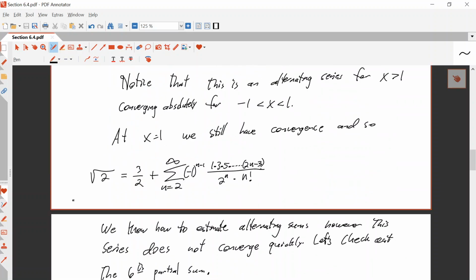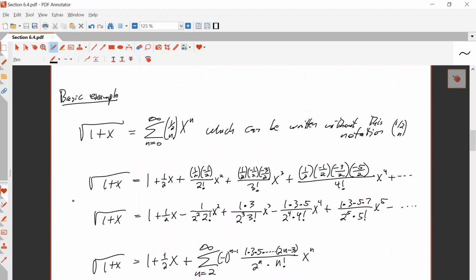So that's nice. That's one example of a binomial series, and it has this nice alternating quality to it. As a matter of fact, it usually will when x is positive.